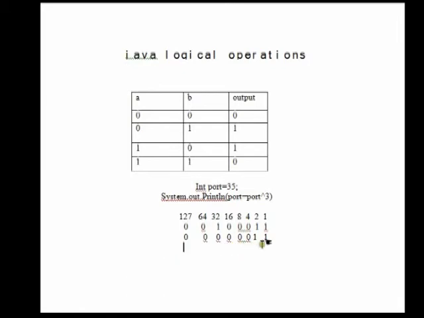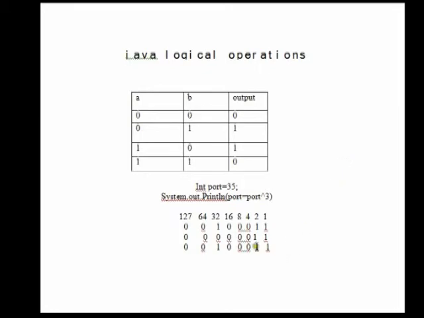It would be 0, 0, 1, 0, 0, 0, 0, 1 and 1. So this would give us 35, and your final answer should be 35 printed out.